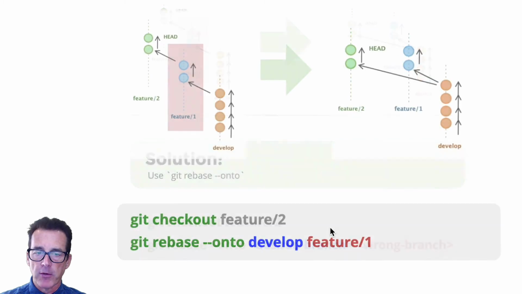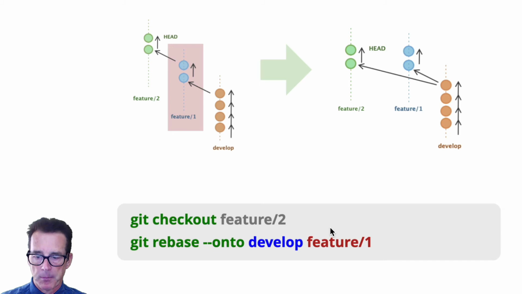So for our purposes, we would be saying git rebase --onto, and then the branch would be develop, and the wrong branch would be feature/1. Let's see how this works in action.